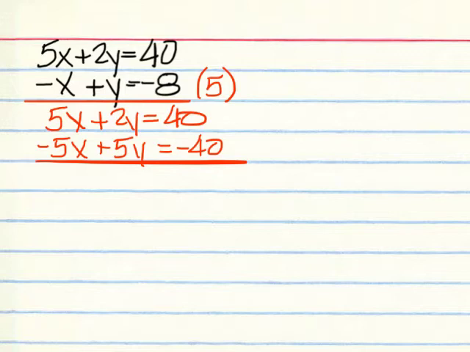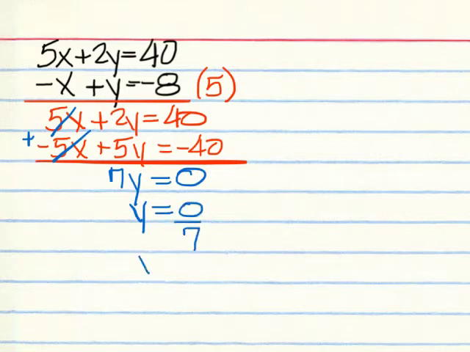And when you add those two together, these cancel out. 2 plus 5 is 7, and 40 plus a -40 is 0. So 0 divided by 7 is 0. Plug it into this one or this one.